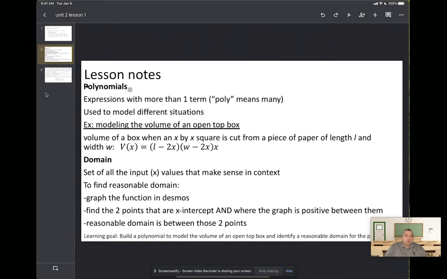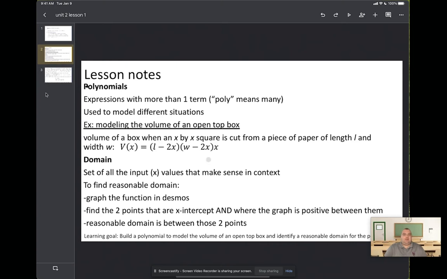And a polynomial can be used to model many different real-world situations. This particular situation that we're going to look at today is the idea of modeling the volume of an open top box. And we have the formula here that allows us to figure out what that volume is.